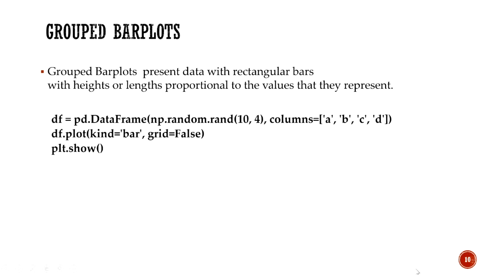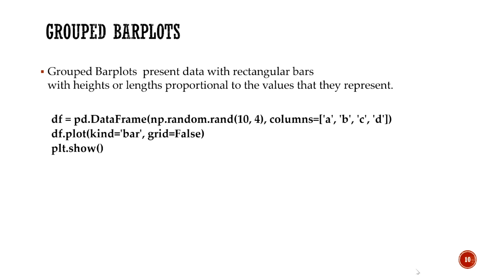Group bar plots are also another useful visualization technique to summarize several variables in one graph. Group bar plots present data with rectangular bars with heights or lengths proportional to the values that they represent. If you want to compare 4 products, for example, you can use group bar plots in one graph. Because we have different variables, we can use a data frame as our data structure.